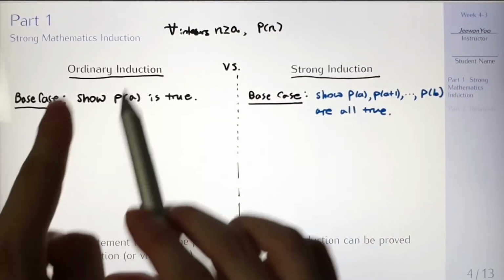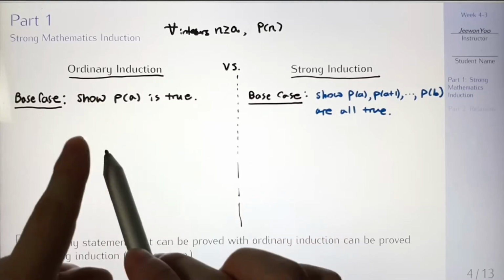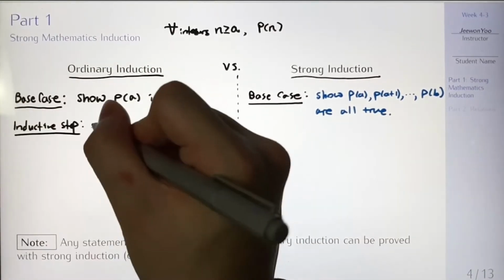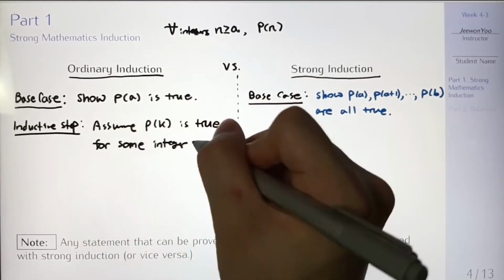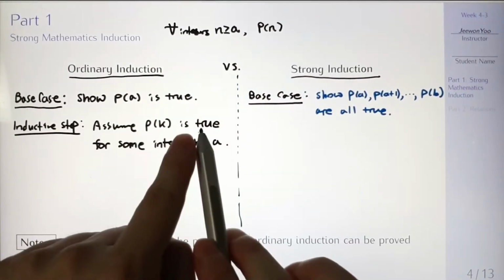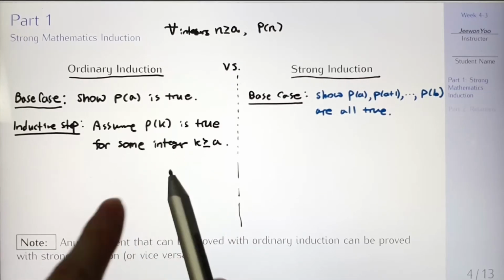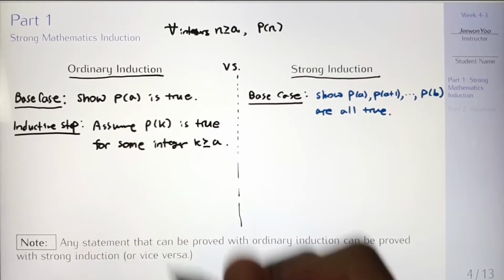The inductive step for ordinary induction: assume the kth domino is true, knock down the next one. Assume P of k is true for some integer k greater than or equal to a. Now, show that the next domino is true.